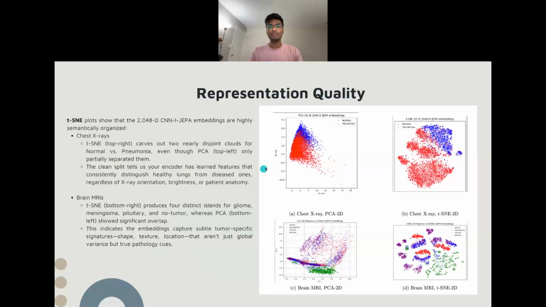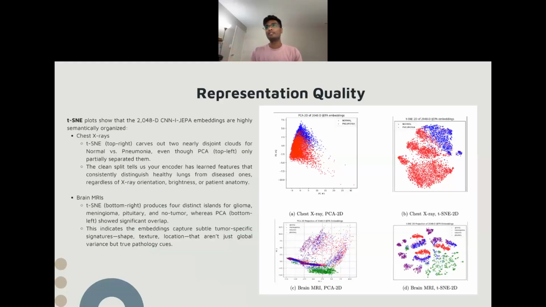The top row is the chest X-ray dataset, and the bottom is the brain MRI dataset. In the PCA plot, you can already see some linear separation between the normal and pneumonia classes. The spread mainly happens along the first principal component, which likely captures global intensity or texture differences in the lungs, I feel, because it's a chest X-ray. There is a bit of overlap, which is expected, but overall it shows that the representation is linearly discriminative.